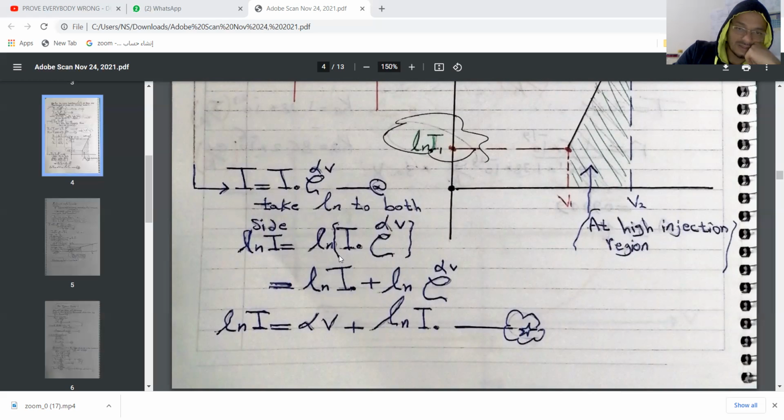And from the ln characteristic, this will be ln I naught plus ln exponential alpha V. That means ln I equals ln saturation current plus alpha V, because ln of exponential alpha V is just alpha V.